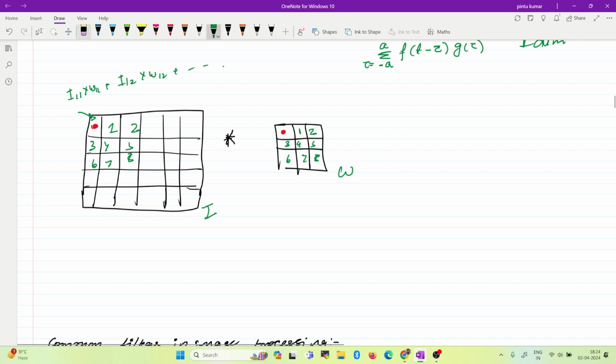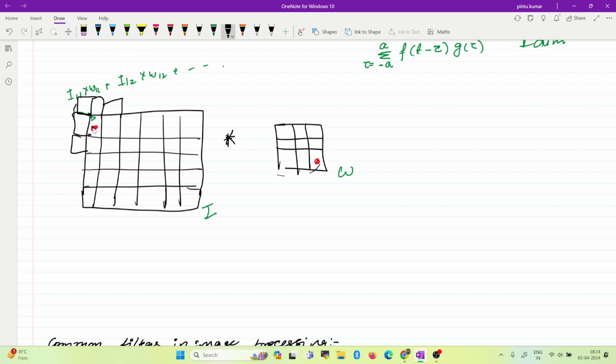Another option that you have is to map this red dot to this particular point. Then imagine that you have some values available over here also, and one more layer.